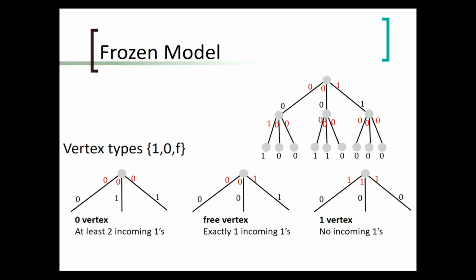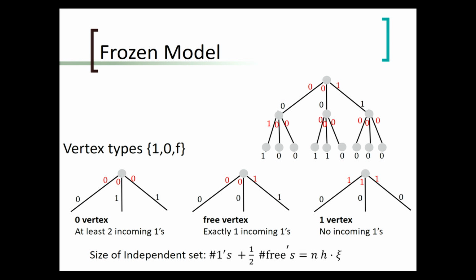So we classify vertices as either 0, 1, or free. How do you build an independent set out of this? Well, each of the 1 vertices will be in the independent set. And for each of the pairs of free variables, one of those 2 vertices will be in the independent set.